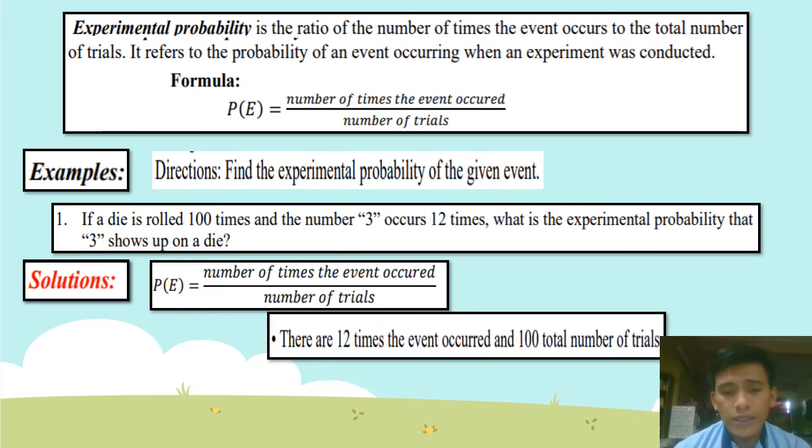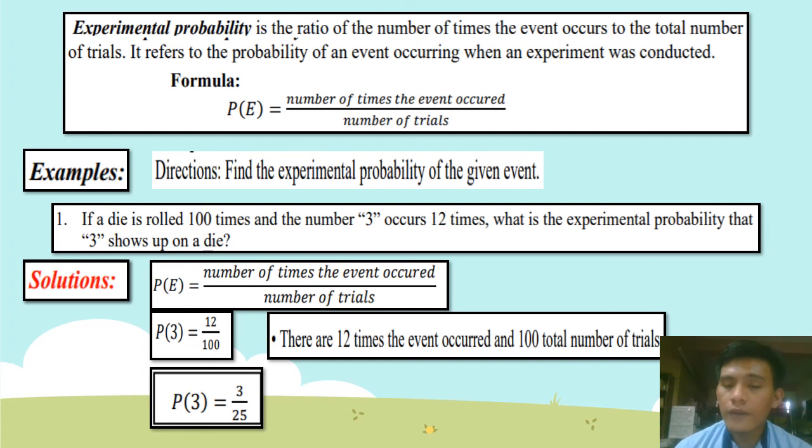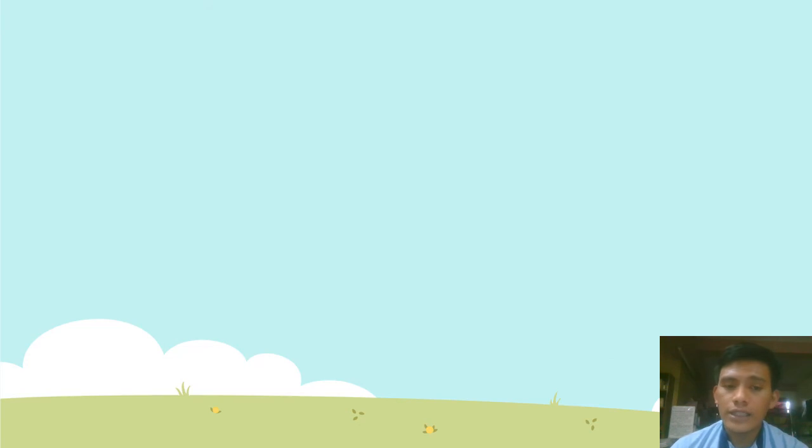There are 12 times the event occurred and 100 total number of trials. So 12 divided by 100. When we simplify that, we divide both by 4: 12 divided by 4 is 3, and 100 divided by 4 is 25. Therefore, our answer is 3 over 25.